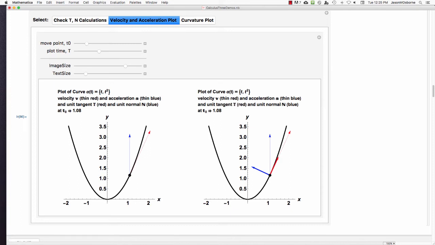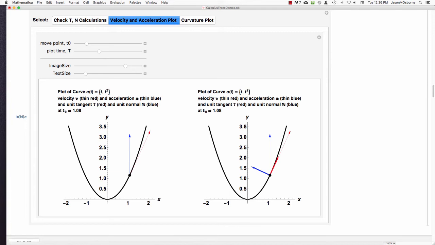And our goal then is to do exactly what we did in the simple example to start this problem: to take the acceleration vector and write it as a decomposition of the vector t and the vector n. So basically we're trying to figure out, for the acceleration vector, how much of it is pointing in the tangent direction and how much of it is pointing in the normal n direction.